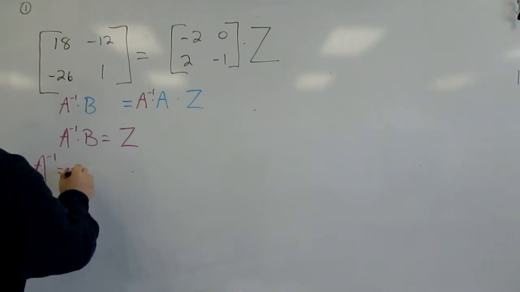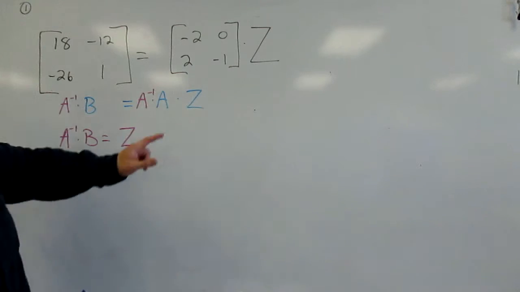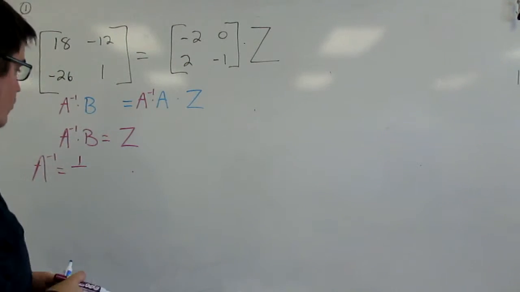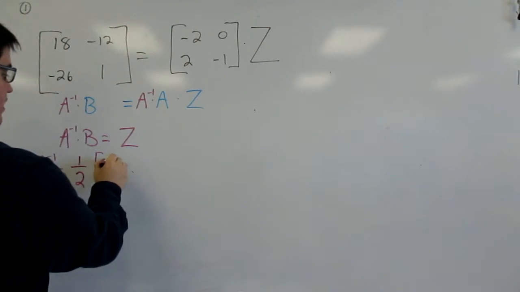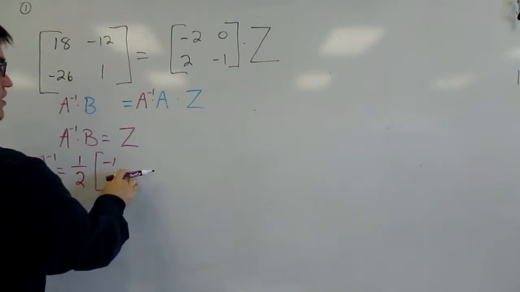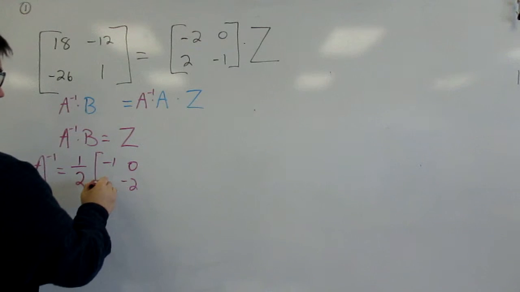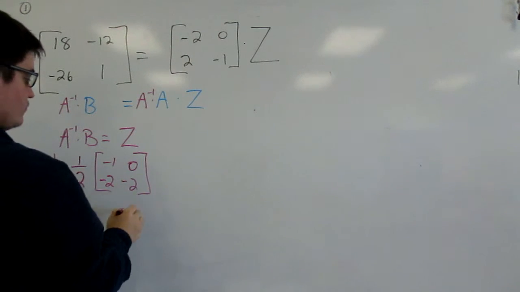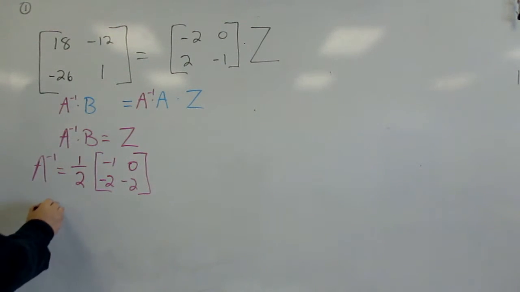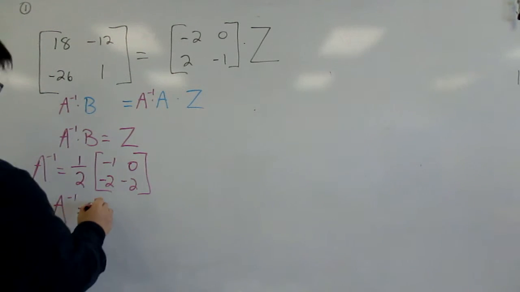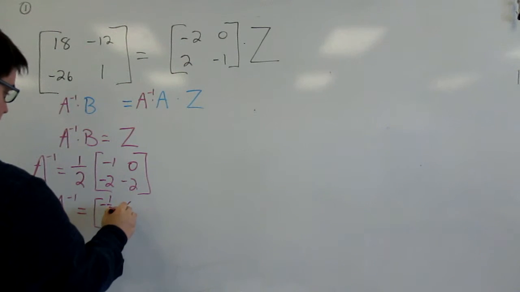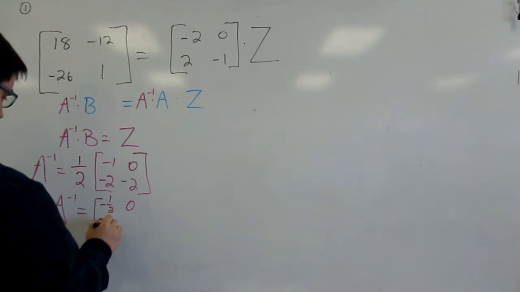Well, 1 over the determinant, that's 2 minus 0. So again, it's 1/2. Flip those, negative 1, negative 2. And you flip the sign, well, 0 stays the same. Negative 2. Making that look a little bit nicer: negative 1/2, 0, negative 2 over 2.